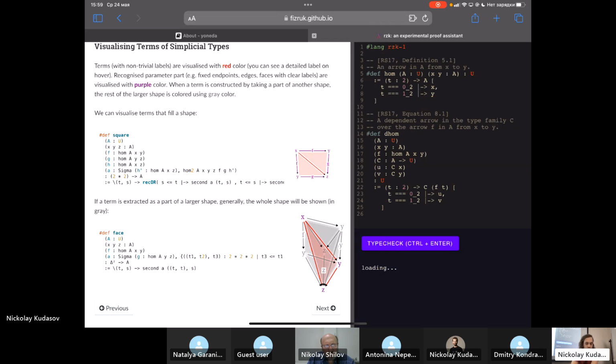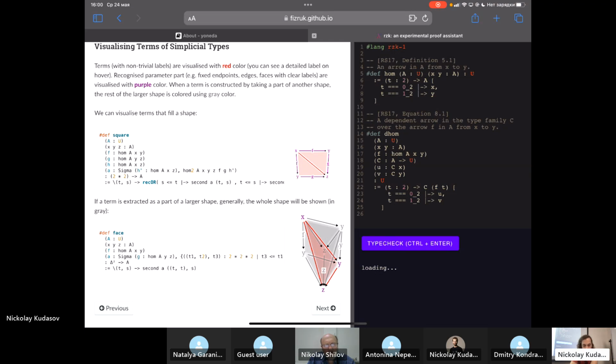But here, for example, there's a formalization that technically first takes a prism construction, and then from that prism extracts an internal face. And the automatic renderer can just look at the code for this and render a corresponding diagram with some proper labels.